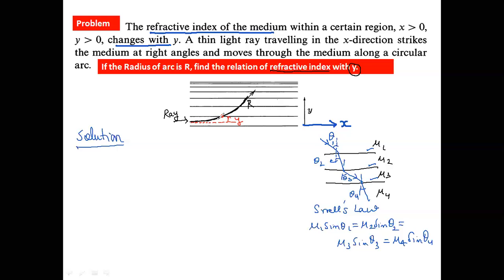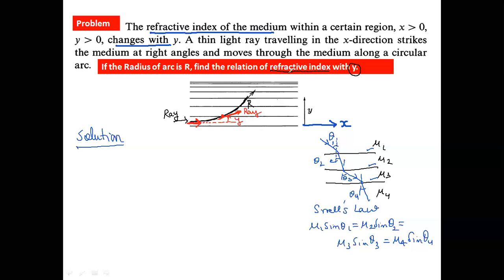Right at this point, the direction of the ray will be along the tangent to the curve, whereas the original direction of the ray is along the x-axis. So the ray was originally directed along the x-axis, and after some time it is at some angle with the x-axis, because the refractive index varies with the y direction.